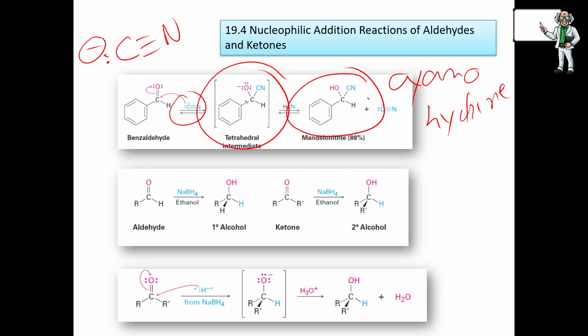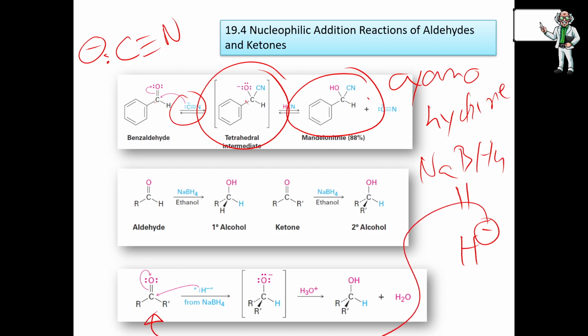Right? Another typical reaction that we can do is the reduction. In order to reduce, we use our old friend, sodium borohydride, which is exactly the same as a negative hydride. That means this negative hydride attacks the carbonyl group, exactly the same as before.